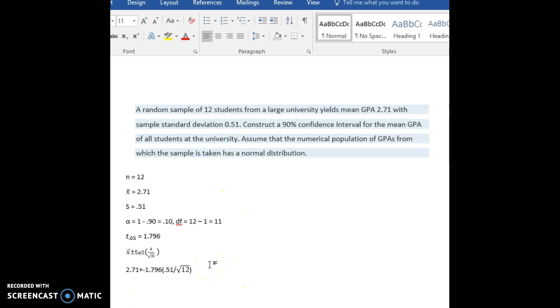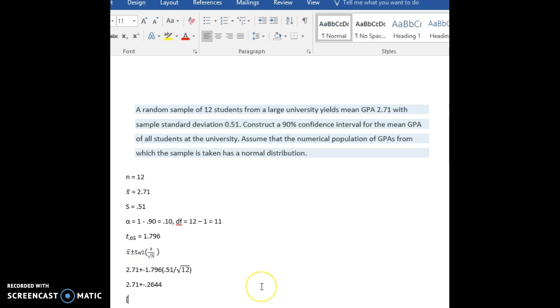All right, so if we put 1.796 times 0.51 divided by the square root of 12 into our calculator, we now have 2.71 plus and minus 0.2644.